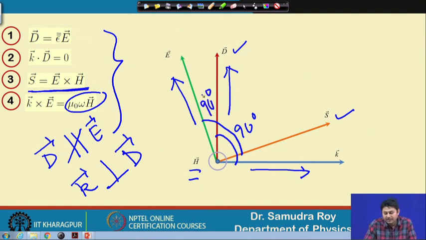One very interesting thing we figure out here is that the k vector and S vector are now not in the same direction. So, the k vector is not parallel to the S vector. In the previous case we found that the S vector gives us the direction of the energy flow, and in an isotropic system the energy flow is in the same direction as k.